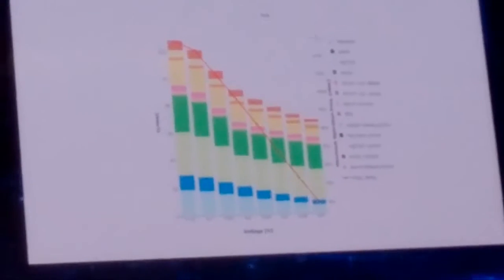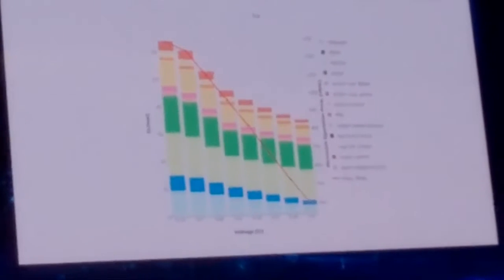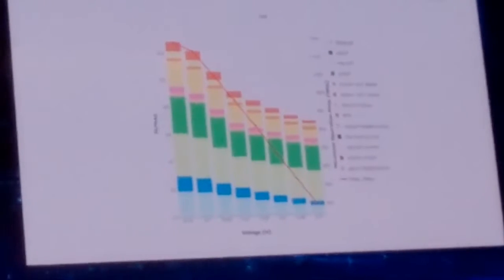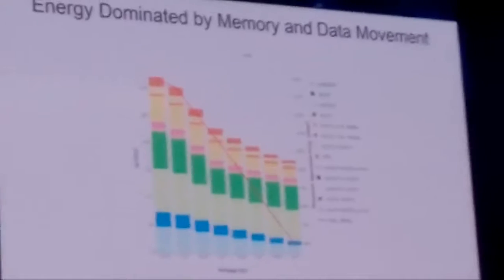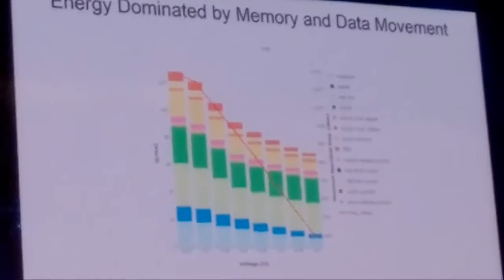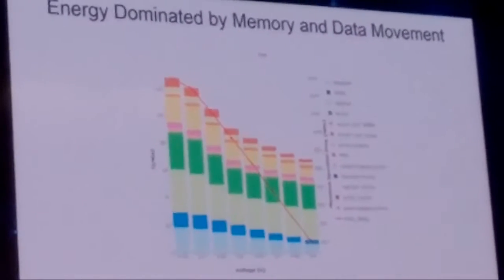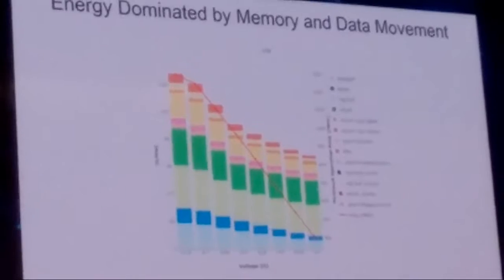But part of what we have to do to get down there is to realize that at this point we've reduced the arithmetic, which are these two blue areas, to under 20 with aggressive voltage scaling. And the SRAM accesses, the weight buffer and the activation buffer, which are these green areas, are starting to dominate everything. That basically says we have to really worry about how we access memory, and make memory access and data movement very efficient.